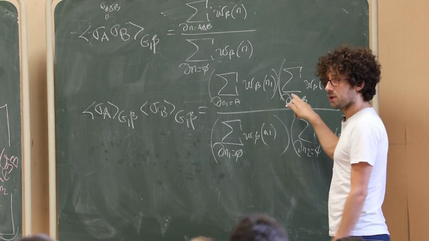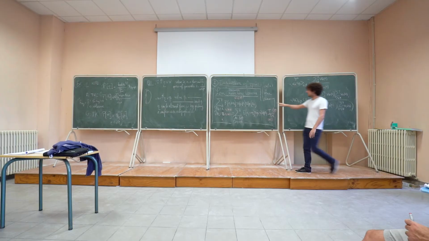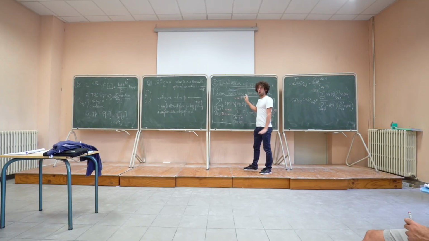But here, this double sum is just this term with G equal H, and F equal 1, just the identity.